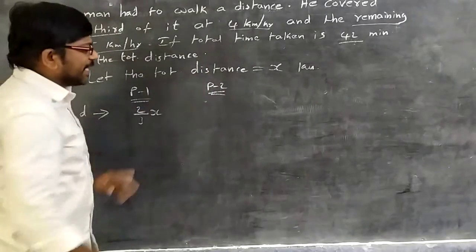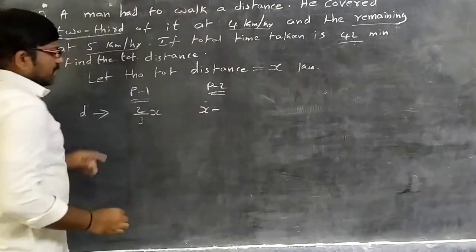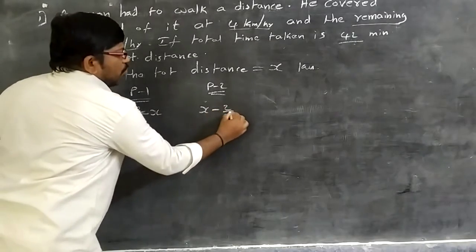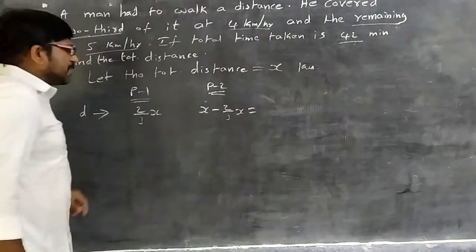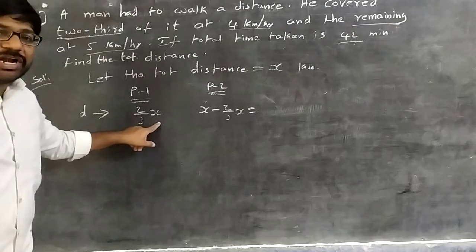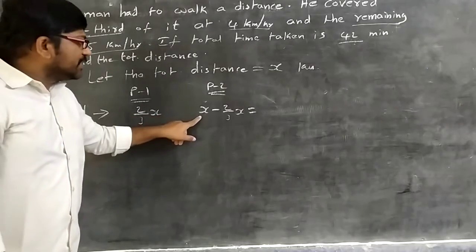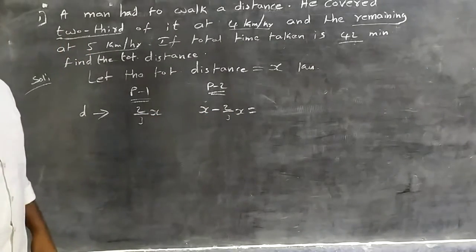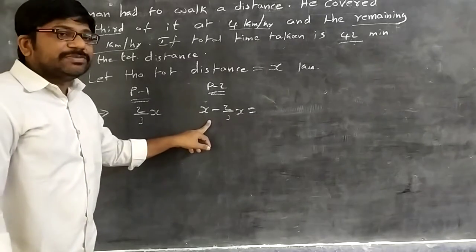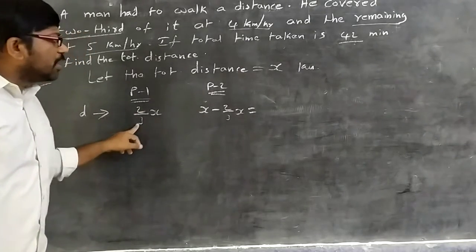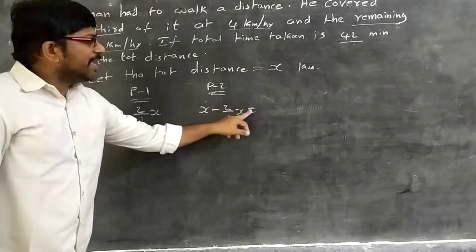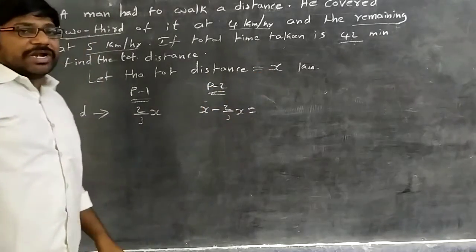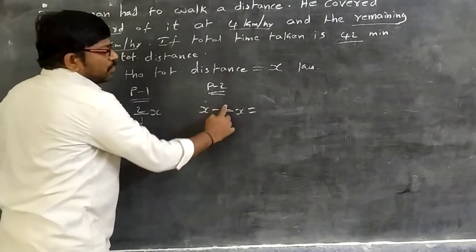The total distance is x minus 2 by 3x. If we subtract 2/3 of the total distance from the total distance, we get the remaining distance. That is x minus 2/3 of x.